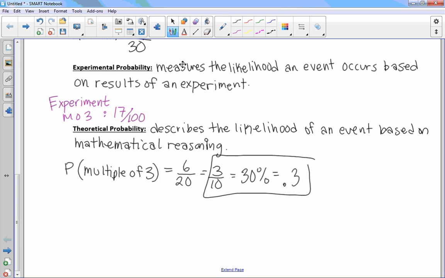Then my experimental probability would be, if I recreated that same experiment and re-rolled my die for another 100 times, I would expect a multiple of 3 to show up 17% of the time. Okay? So it's based off the results of an experiment, which is different than theoretical probability. Theoretical is just the mathematical based probability.